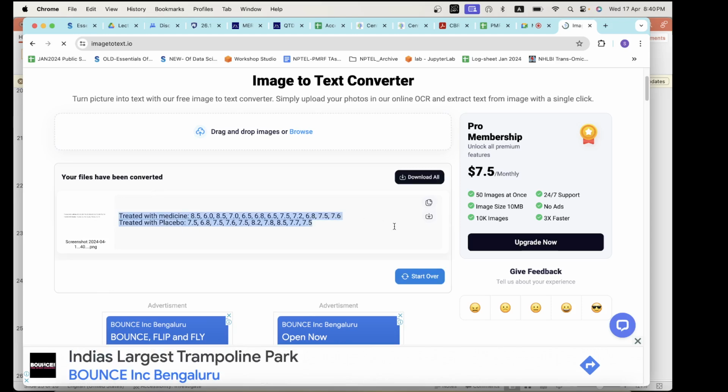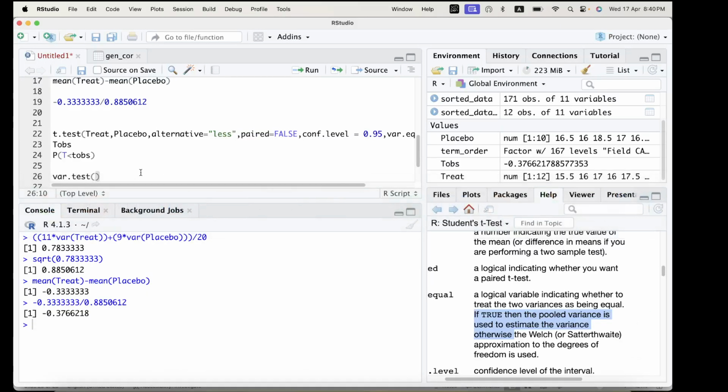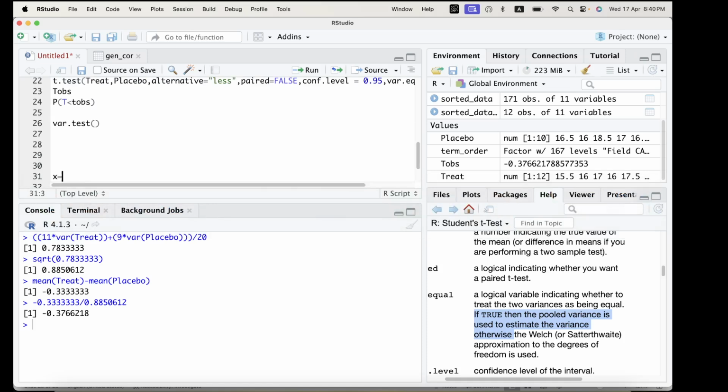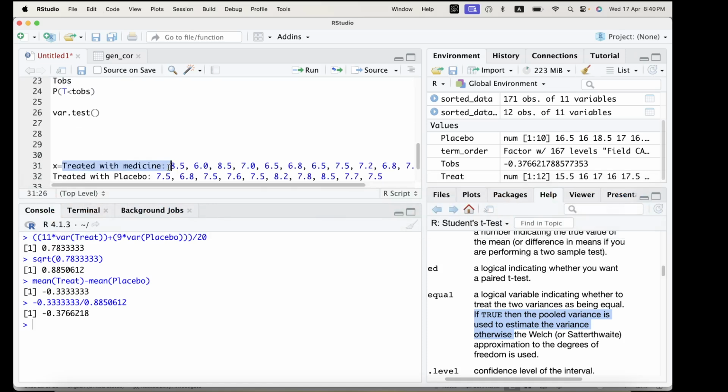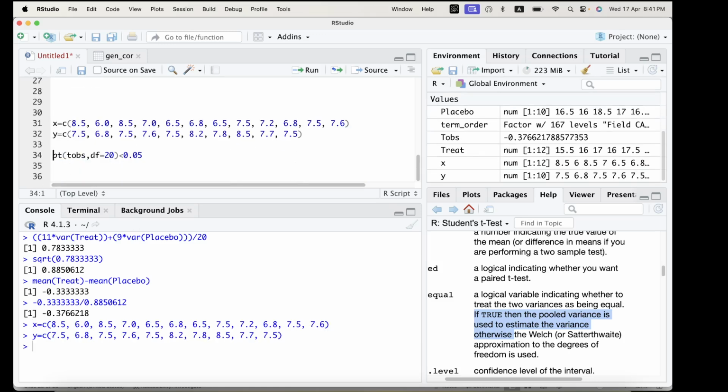All right. We have the values. Fine. So x and y we have.